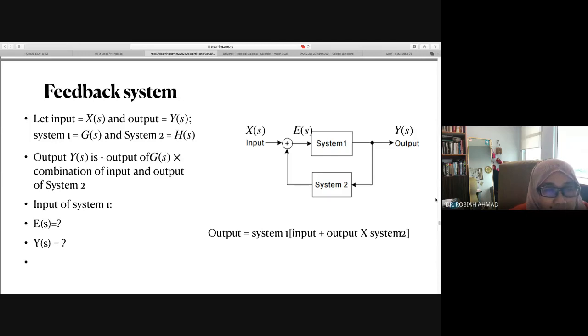So let's say input is X, output is Y, and system 1 dia punya description is G(s), system 2 description dia adalah H(s). So what will the equation for Y be? Anyone?